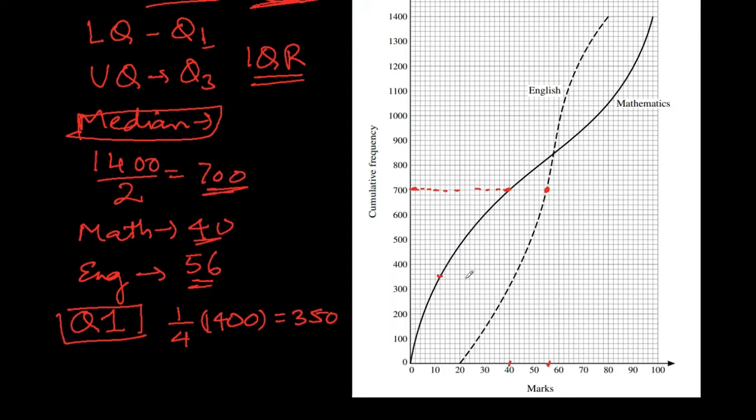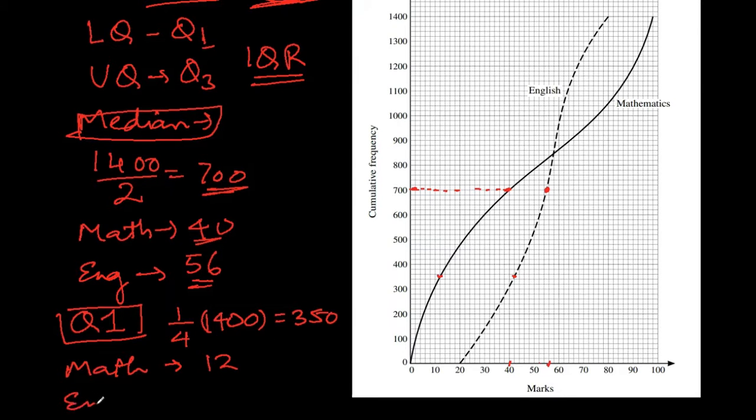This is where we'll find Q1 for mathematics, and this is where we will find Q1 for English. For mathematics, it will be at this place, which is 12. So mathematics Q1 is 12.